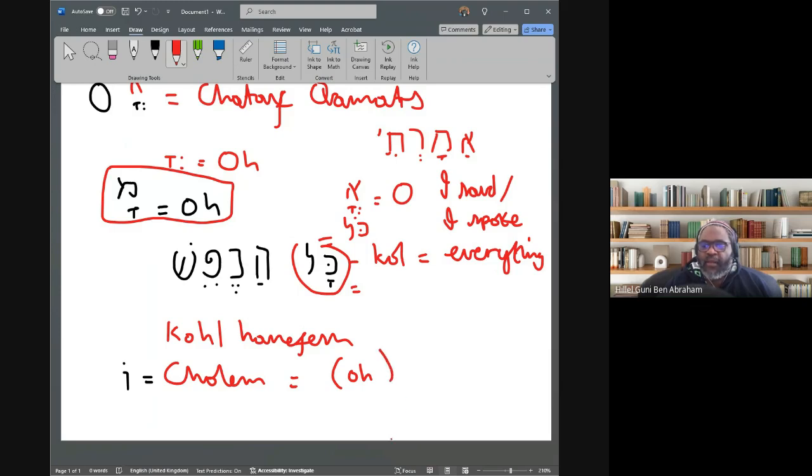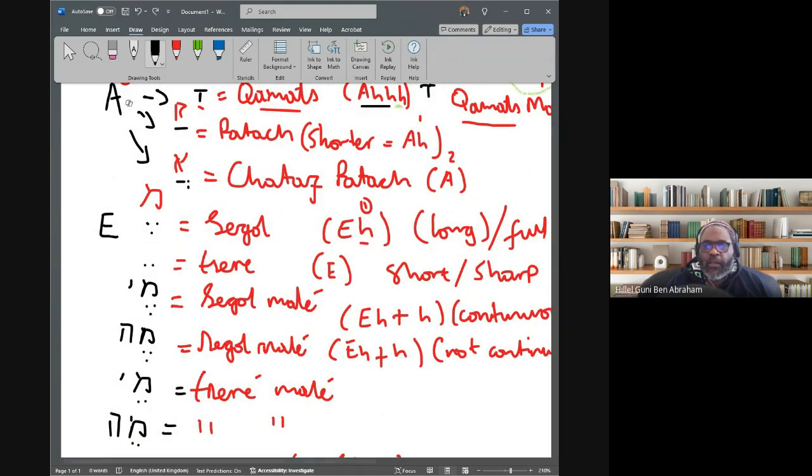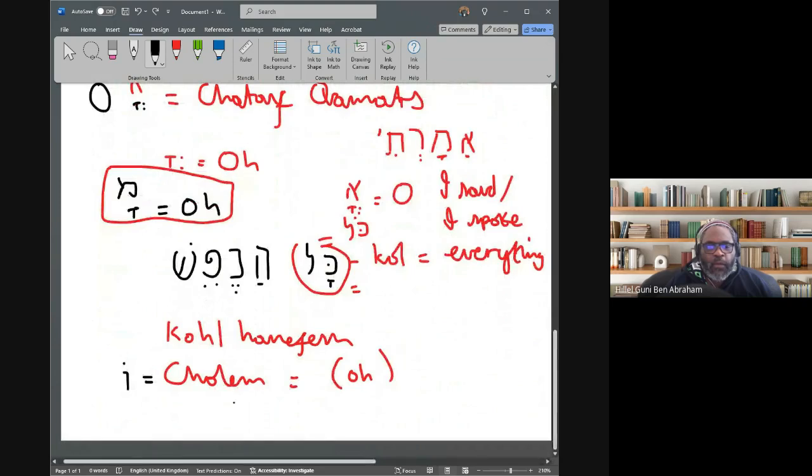But cholam maleh, complete, is written in a different way. So this is just an O, a cholam. Now we have a cholam maleh, which I'm going to write here. Let's use mem because that's how it's written. It's written with a mem, a vav, and a cholam on top. This is cholam maleh, which means a complete cholam.